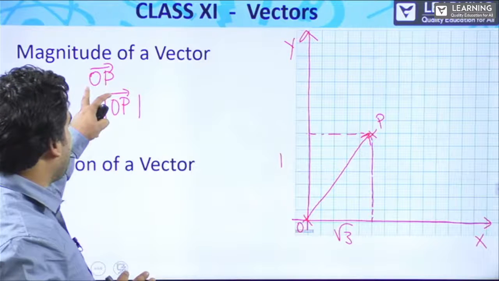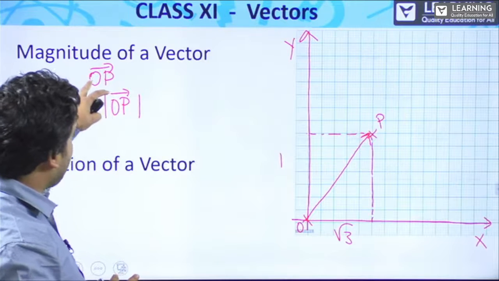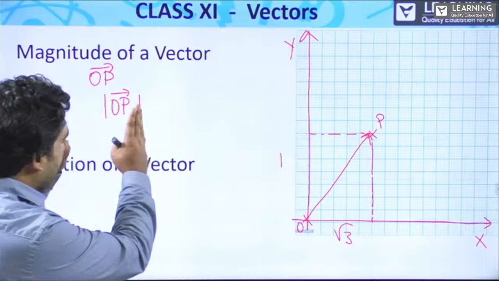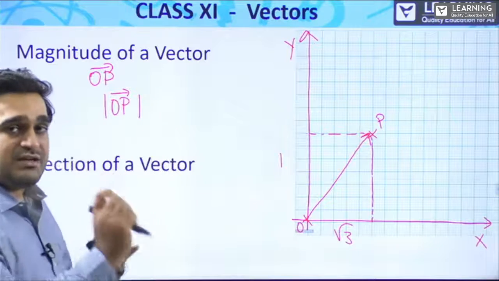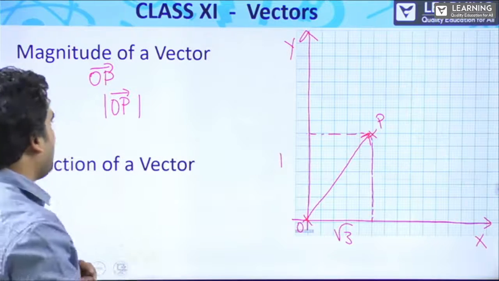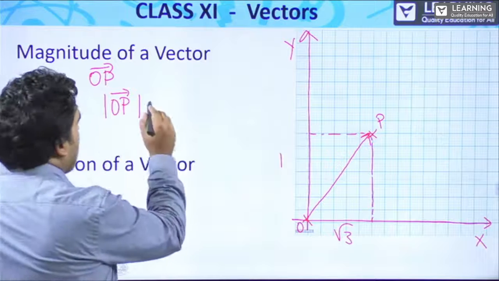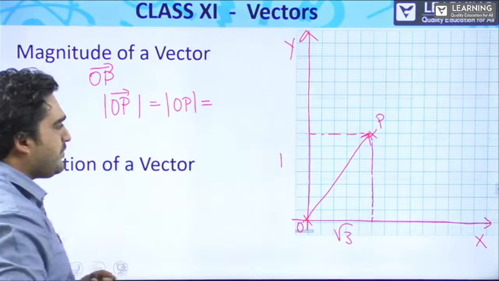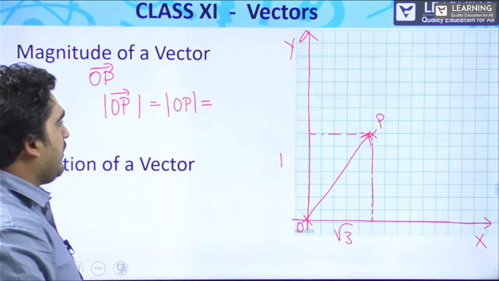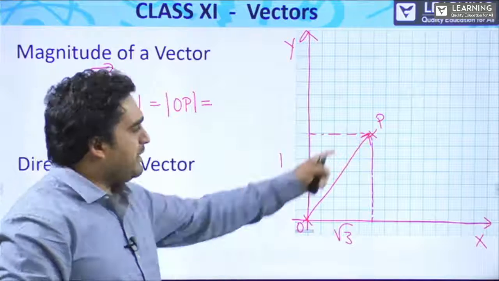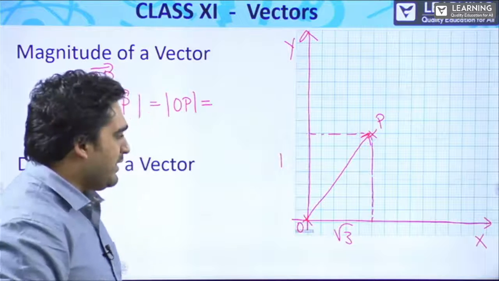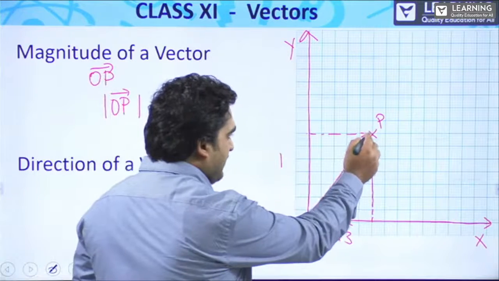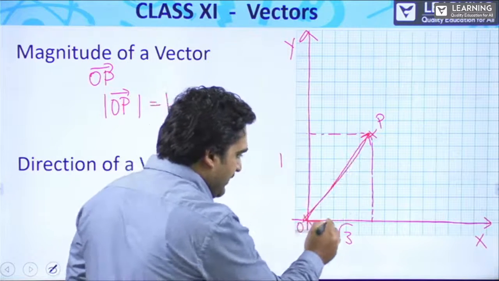A vector ordinarily has a magnitude and a direction, but when you put the 2 bars beside it, you're only determining its magnitude. You can put an arrow overhead or you could just write OP, which is also fine. Now, how would you find the length of OP? This is quite simple. First, you observe there's a triangle here, a right angle triangle.